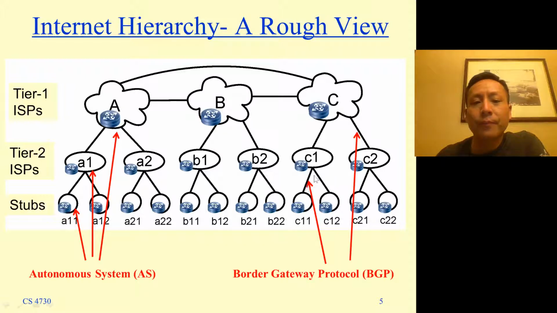But among these different domains, we need to run an inter-domain routing protocol. The de facto inter-domain routing protocol is called BGP, Border Gateway Protocol.